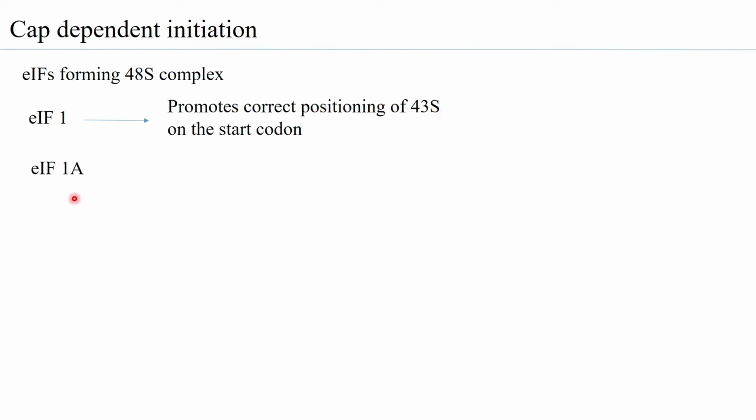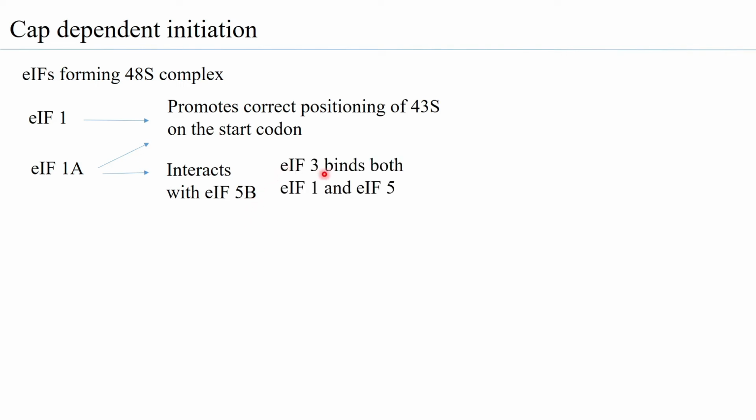You have another component called eIF1A. This too enhances the positioning of the 43S onto the start codon. And eIF1A also interacts with eIF5B. And so what is observed is eIF5 and eIF1 can also possibly, indirectly or not directly, associate with the ternary complex, that means with the eIF2 GTP initiator tRNA. So eIF3 binds both eIF1 and eIF5.